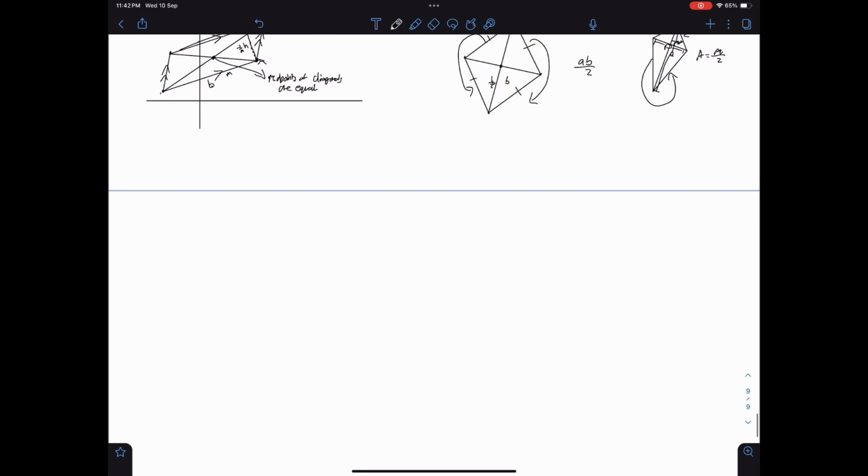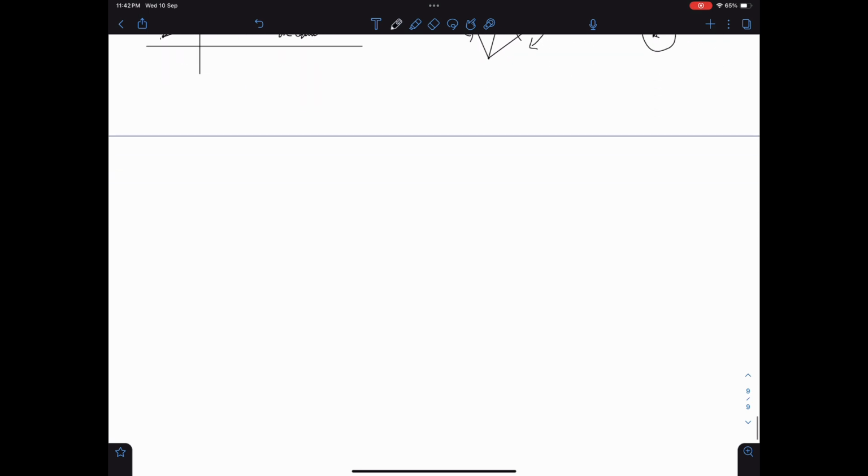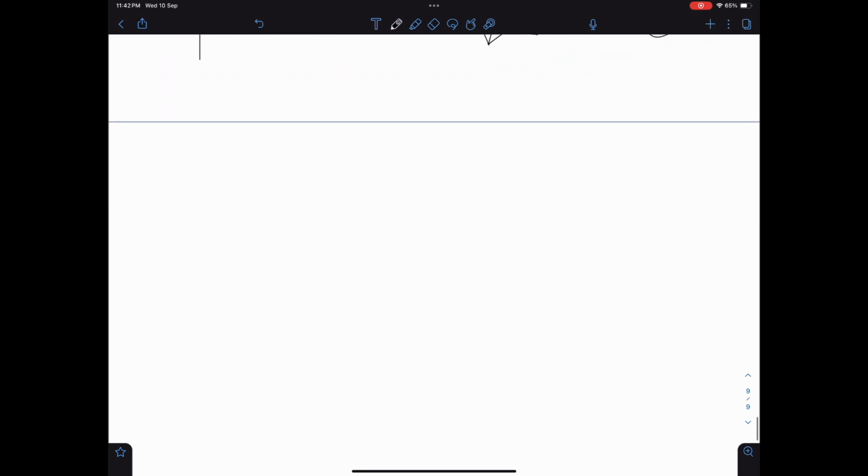And the last quadrilateral that we will look at in this video is the trapezium. And that's a quadrilateral with one pair of parallel sides. It could look like, if you pretend those are parallel, it could look like that.